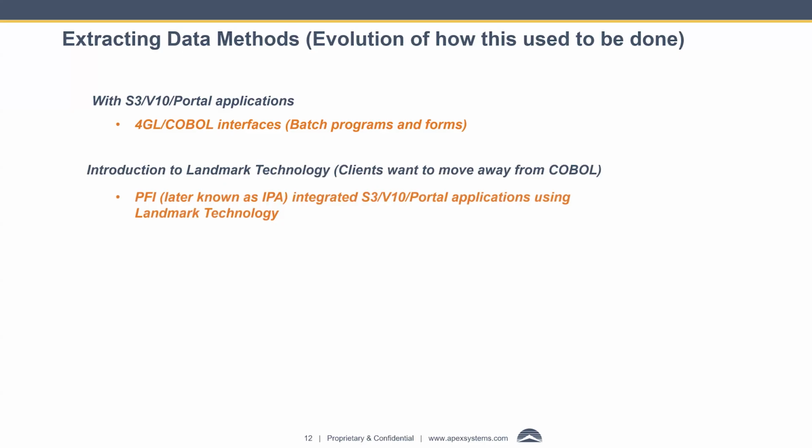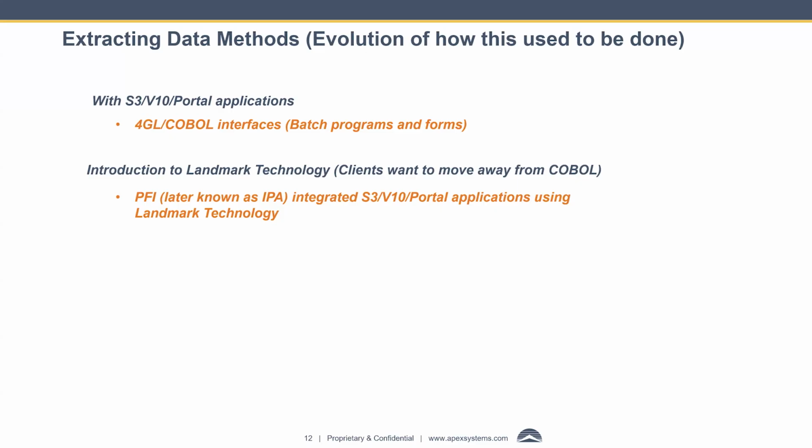Later was the Landmark technology, which used to just be the technology platform, which was built alongside the COBOL applications. And they brought along with that a technology called PFI, which was later known as IPA, which integrated these portal applications, but used this Landmark technology, which came about with these two platforms that evolved.